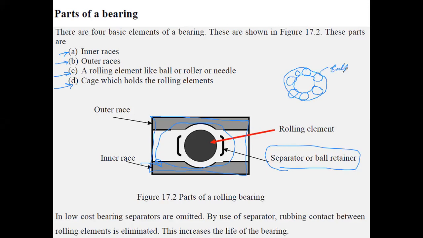Similarly here you can see balls are the rolling element, and they are separated by some portion here. If you have seen that bearing, you can check once. So these are some parts of the bearing which you can see.